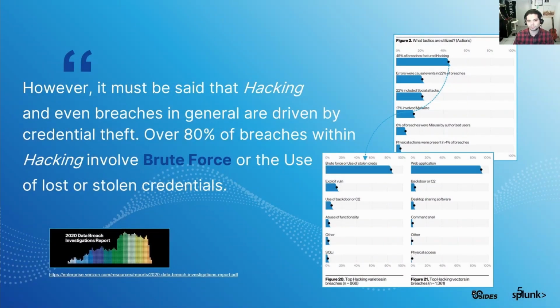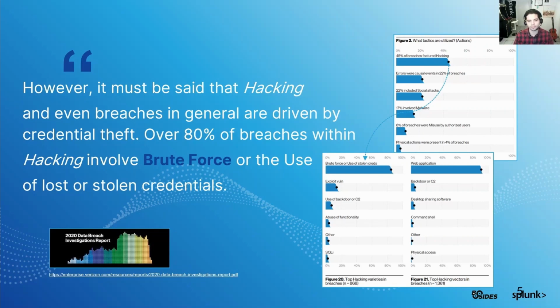Here's another piece of motivation for us. Within our InfoSec industry, there is a very famous and respected report known as the DBIR, or the Data Breach Investigations Report.